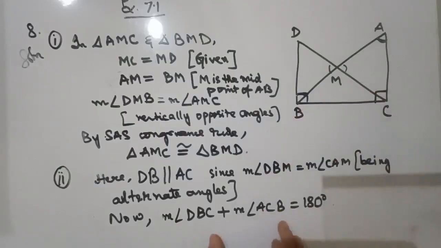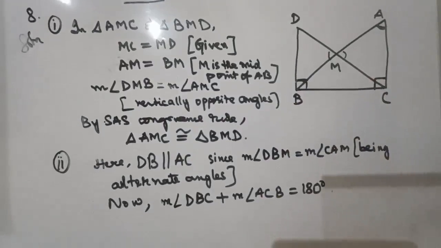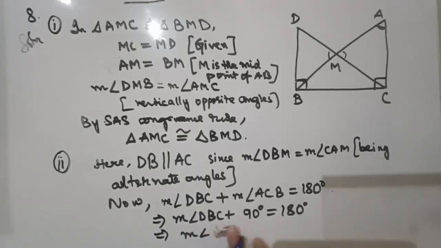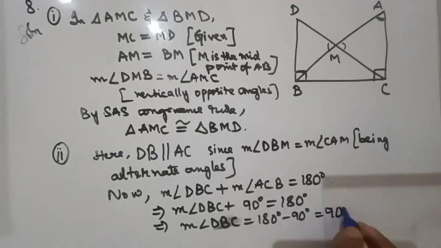That is, the sum of these two angles will be 180 degrees. This implies measurement angle DBC plus measurement angle ACB. ACB is 90 degrees. This is given in the question. So measurement angle DBC equal to 180 degrees minus 90 degrees, that is 90 degrees. So measurement angle DBC is 90 degrees.